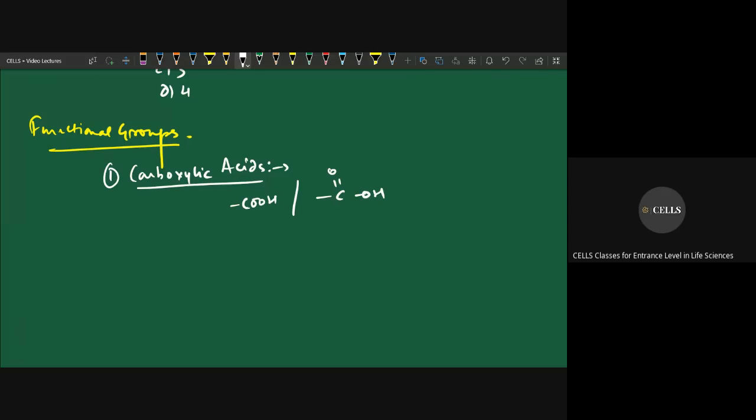It is known as carboxylic acid, and in IUPAC naming it is alkanoic acid. Suppose there is propane, so it will be propanoic acid. Suppose it is butane, so it will be butanoic acid.